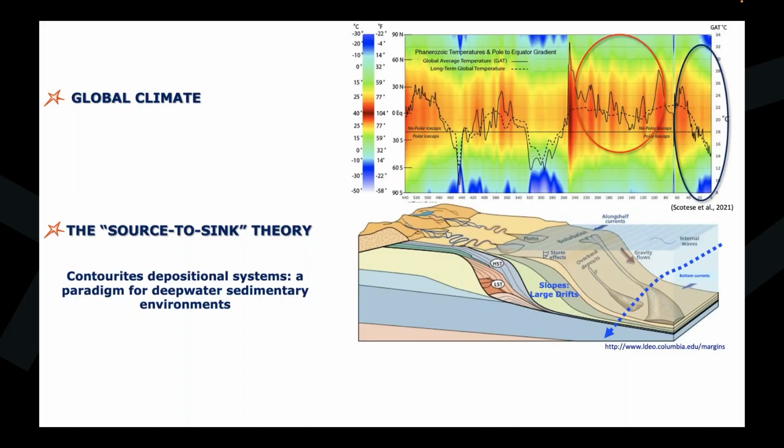So, as I said, most of these deposits are along the slope and continental rise, and in those drifts, in those contourite systems, there is storage of a lot of sediment that is not getting to the deeper basin. So that is why contourite and mixed depositional systems are a new paradigm for the deep-water sedimentary environment, because from my view, better knowledge of this system is changing our model, changing our mind.